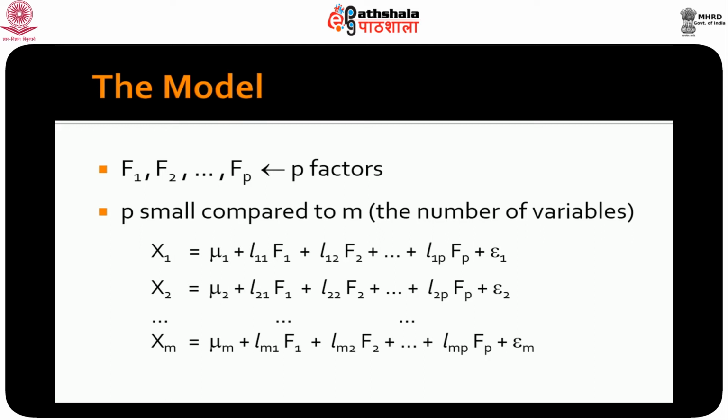One thing that you can note here is that unlike in the principal component, we are going the other way around. That is, we were taking linear combinations of the x's to get the principal components. In this case, we are taking linear combinations of the factors to get to the x's themselves. So, it is possibly a reverse direction that we are looking at.